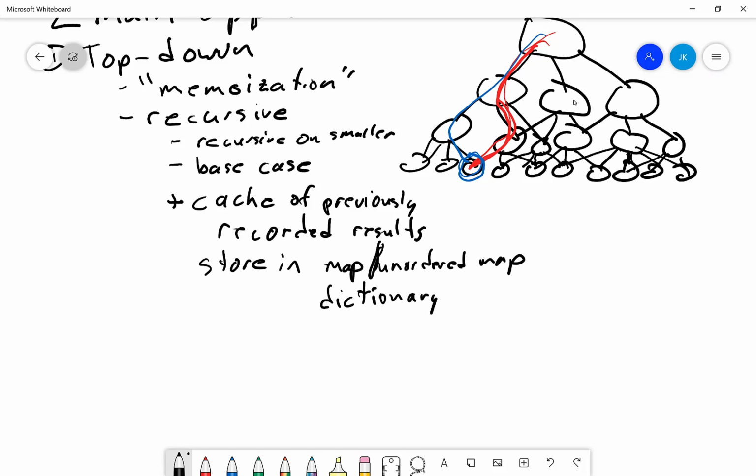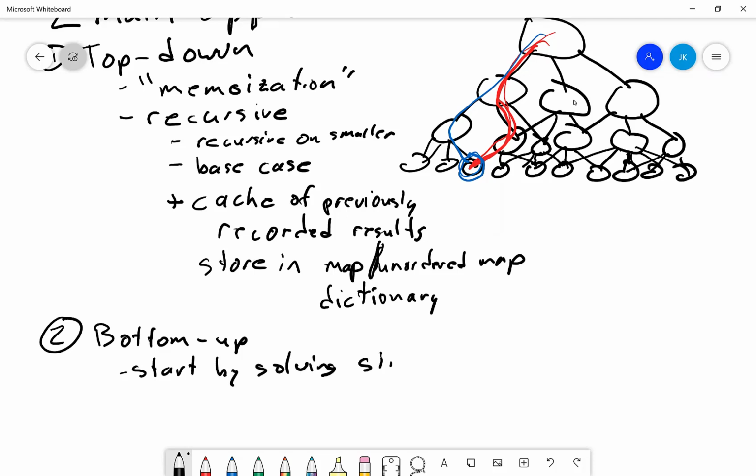Okay. Now, the second approach that we have is a bottom-up approach. In the bottom-up approach, the idea here is you start by solving the simplest cases, and you work your way up to the most complex.